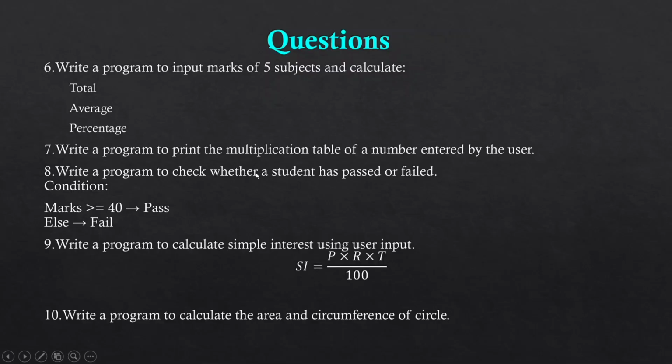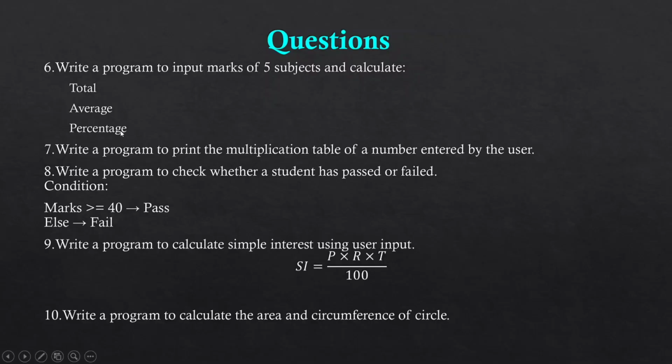Now we know how to calculate total. Total is just going to be the summation of all the marks of all the 5 subjects. Average would be calculating the total and then dividing it by the number of subjects, and the number of subjects is 5. For percentage, the marks of every subject would be calculated out of 100.